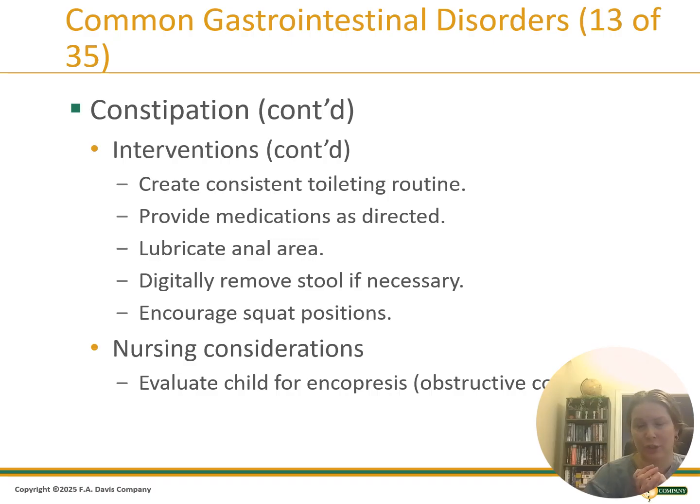Placing lubrication just over the anal area before experiencing a bowel movement. If needed, if the child's impacted, digitally removing the stool if necessary. We can encourage a squatting position.